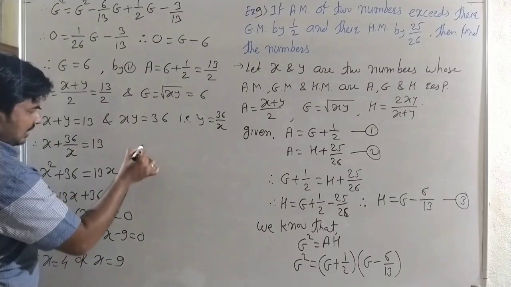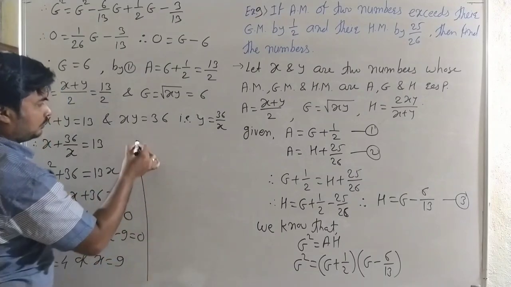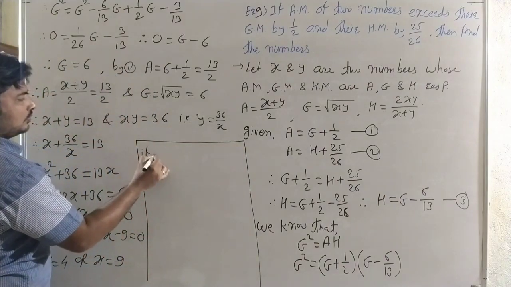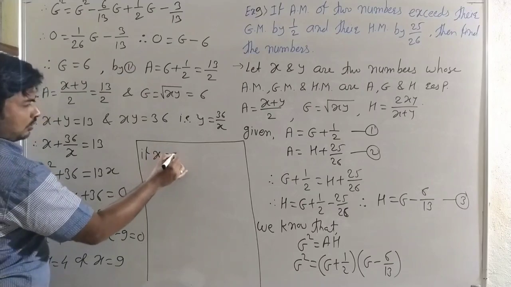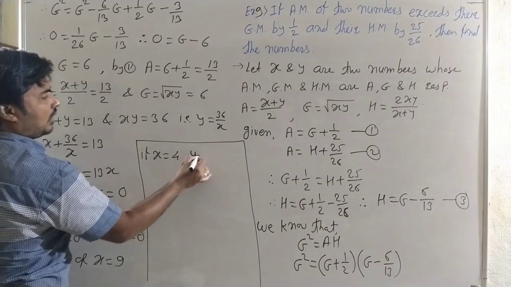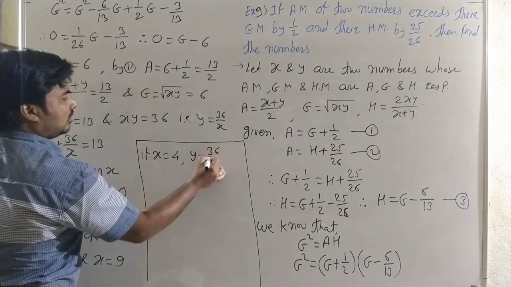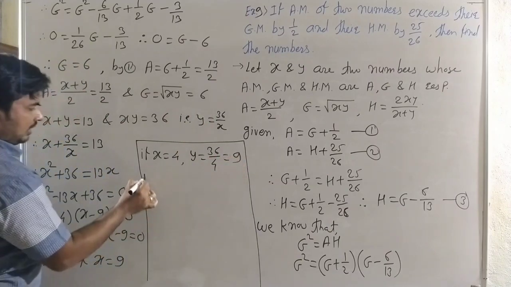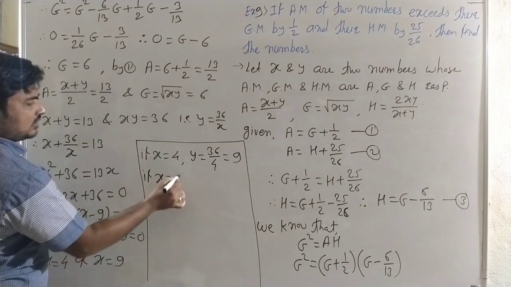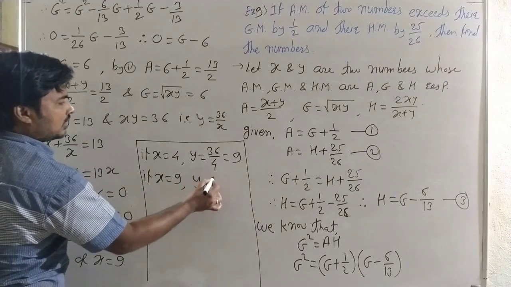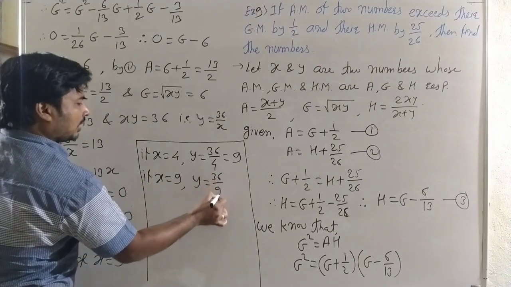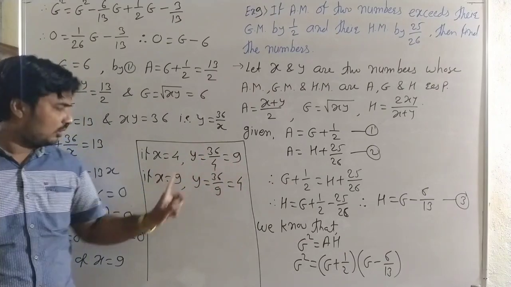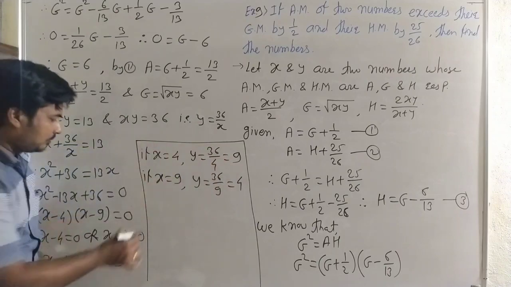Okay, now the last answer. Here, if x is equal to 4, y is equal to 36 upon 4, 36 upon x, and then it is 9. And if x is equal to 9, y is equal to 36 upon 9, that means 4.